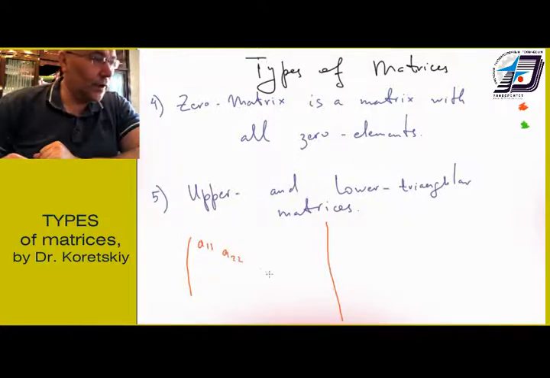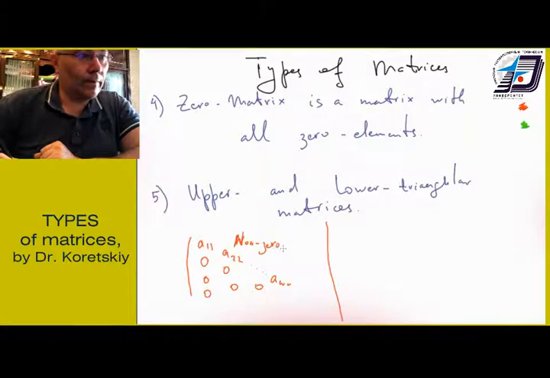Here we have all zero elements, and here we have non-zero elements. Unlike this situation, a lower triangular matrix is a kind of inverse matrix.